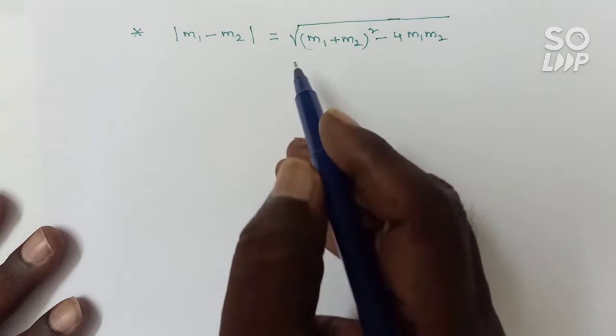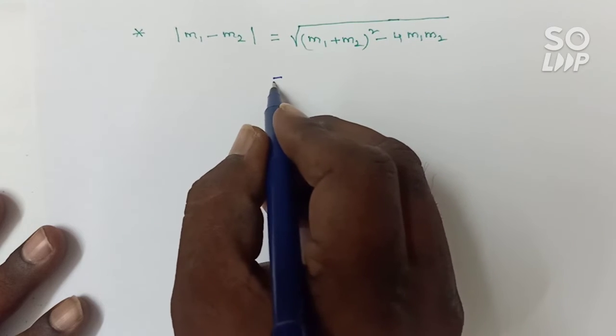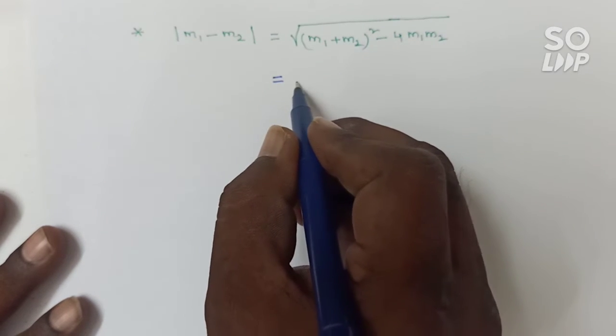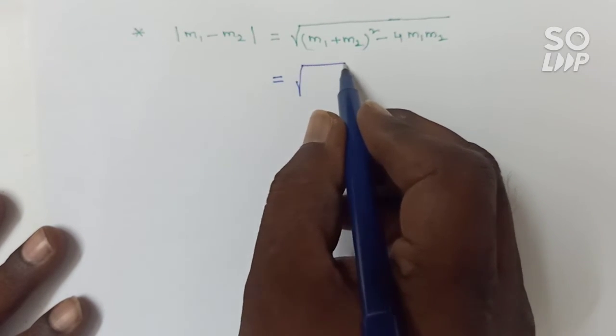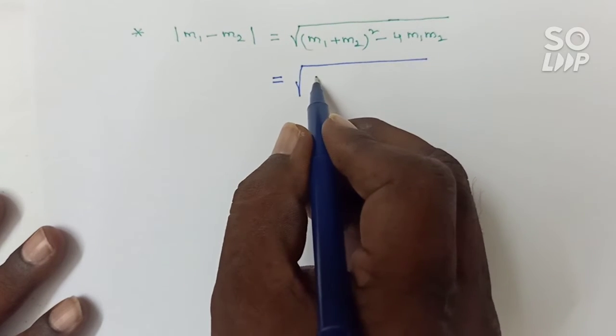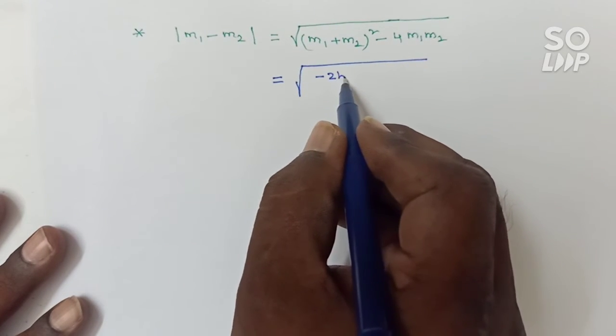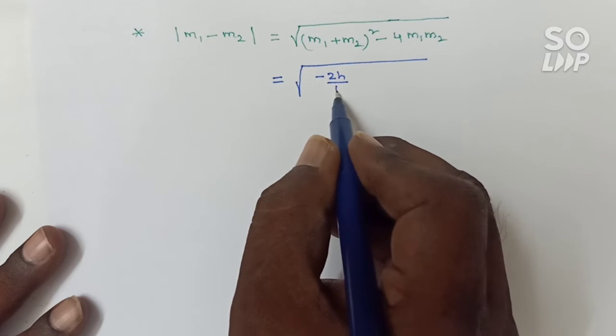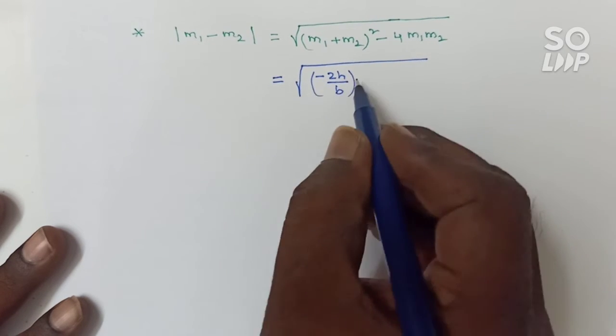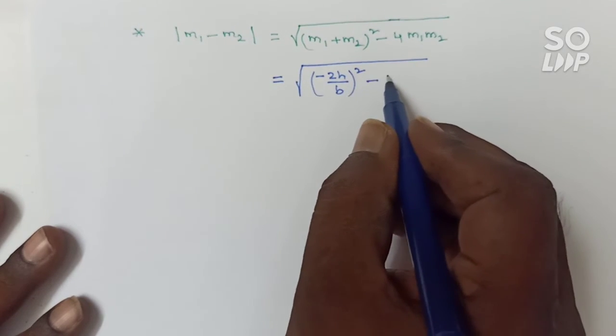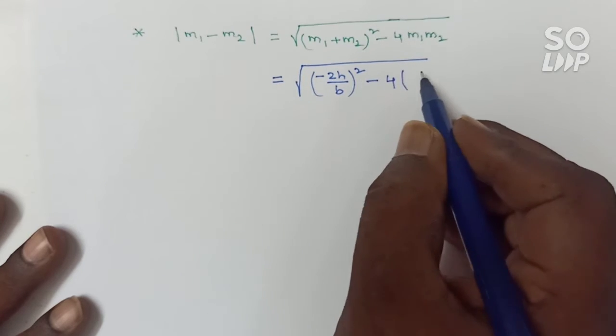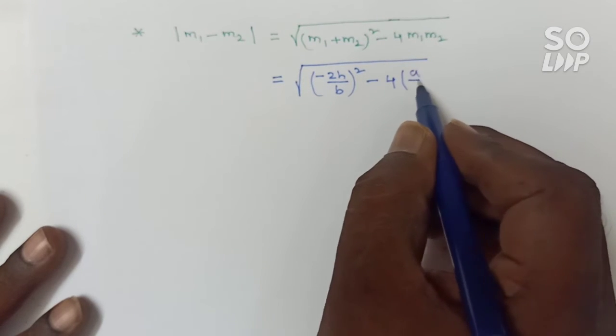So we know that m1 plus m2 is minus 2h by b, whole square, minus 4 into m1 m2, which is a by b.